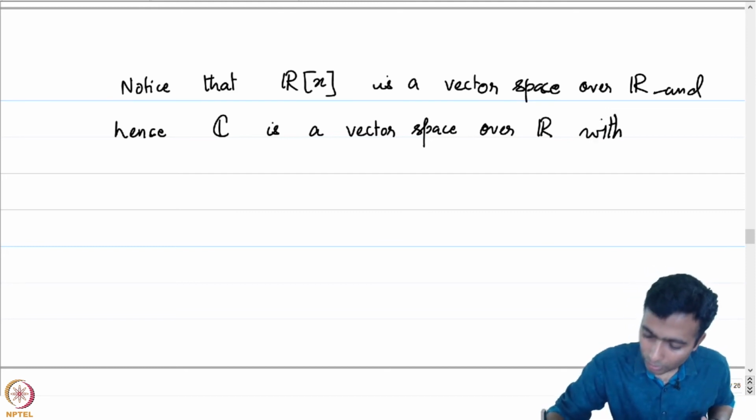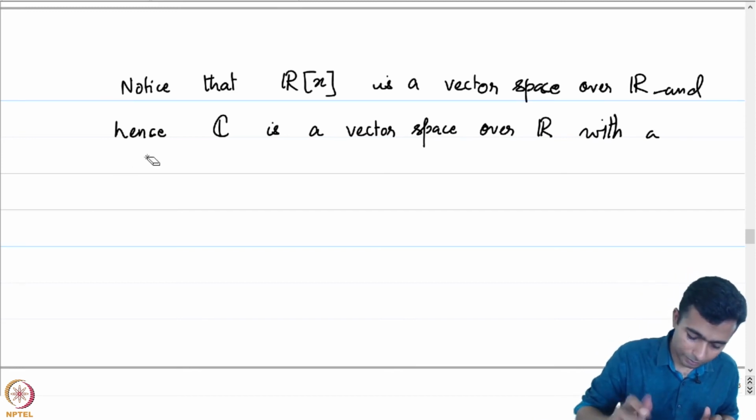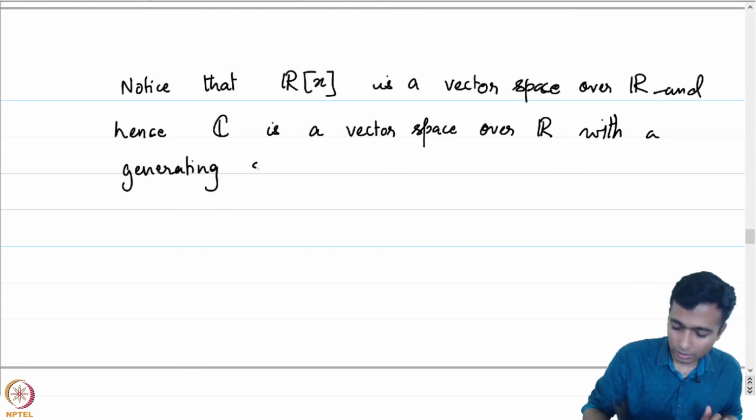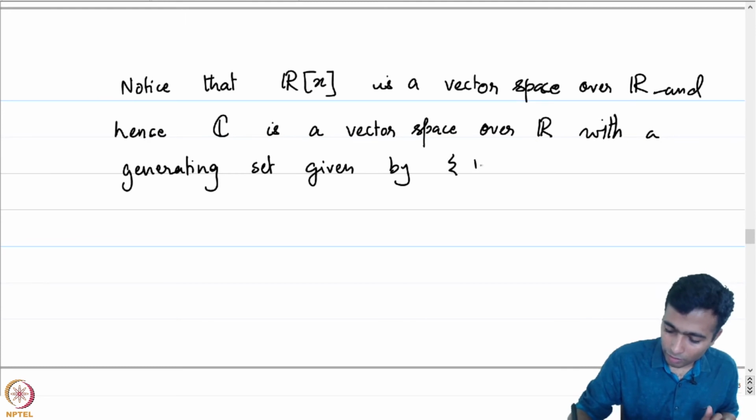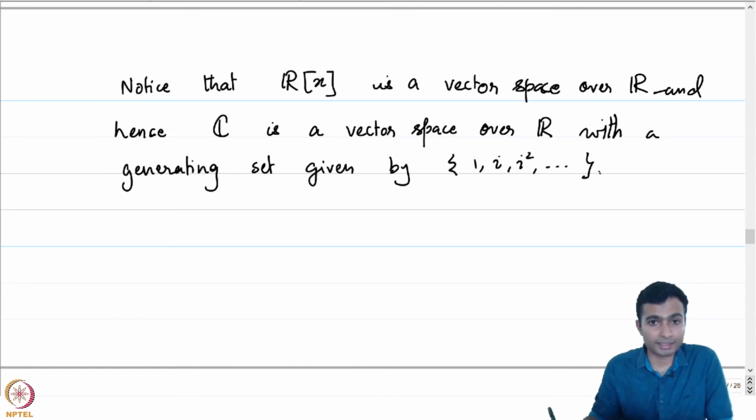With generating set given by 1, I, I square and so on. But we know what happens to I in C. We know that I square is minus 1.